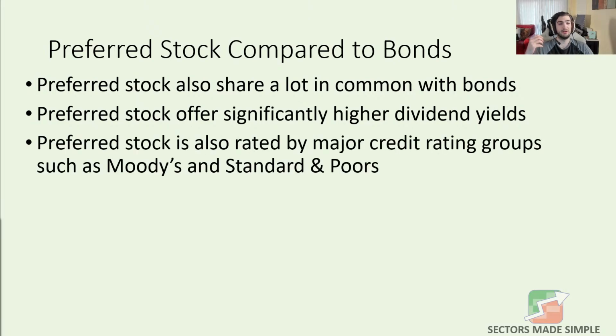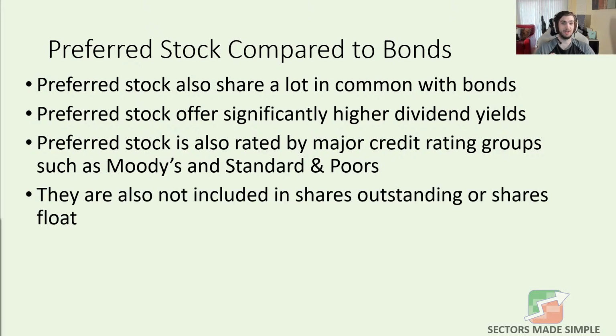Now, preferred stock, much like bonds, are rated. So Moody's and Standard & Poor's will rate and grade preferred stock. And just like bonds, there is investment grade versus junk preferred stock.